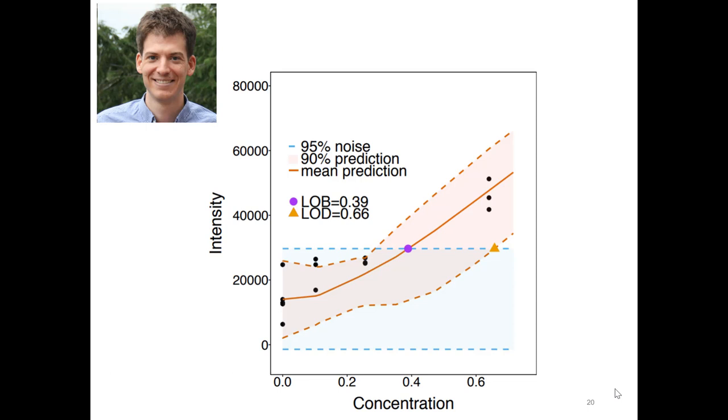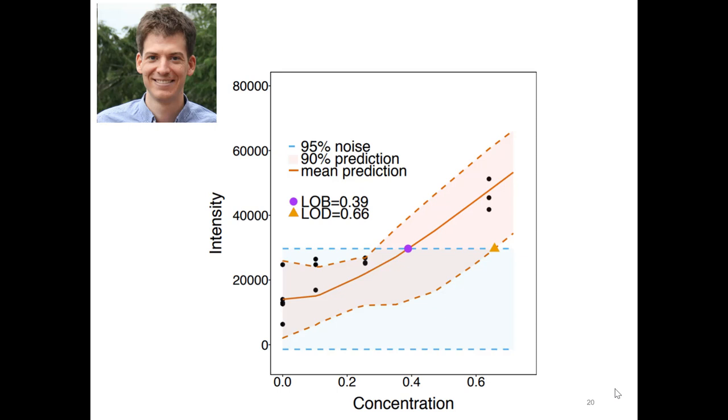Here's for calibration curve. So the way Cyril is calculating this, he finds the variance in the blank, and then uses a statistical method called bootstrapping to calculate confidence intervals around the fit of this calibration curve model.